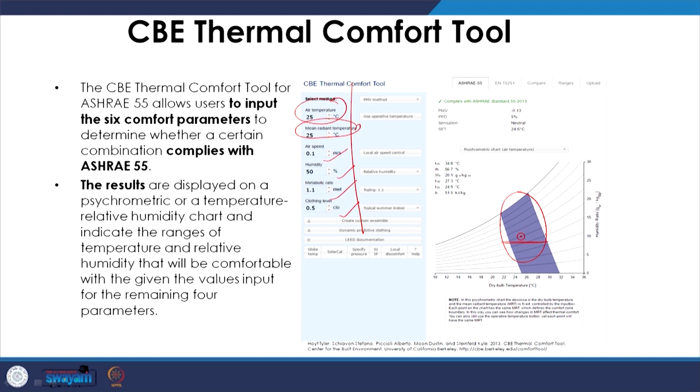If it was the adaptive comfort method, which we could select from here, we could also see from the adaptive thermal comfort point of view whether the given set of conditions is thermally comfortable or not.